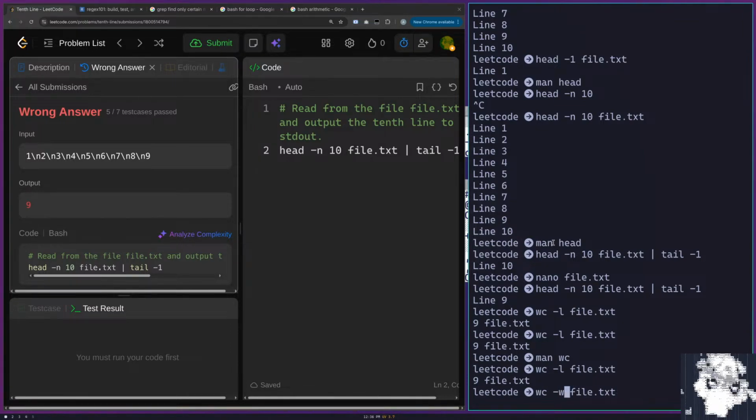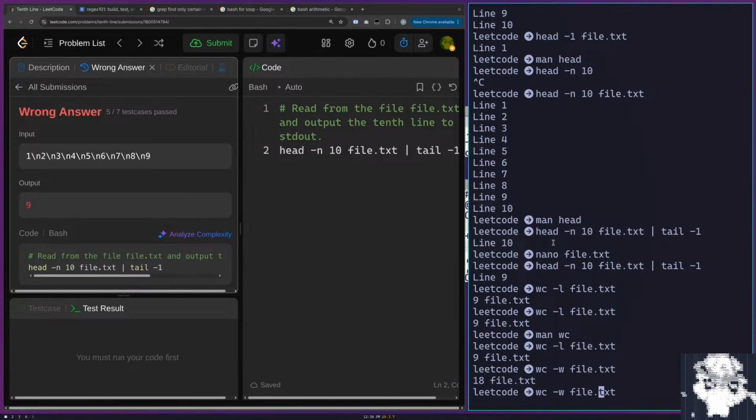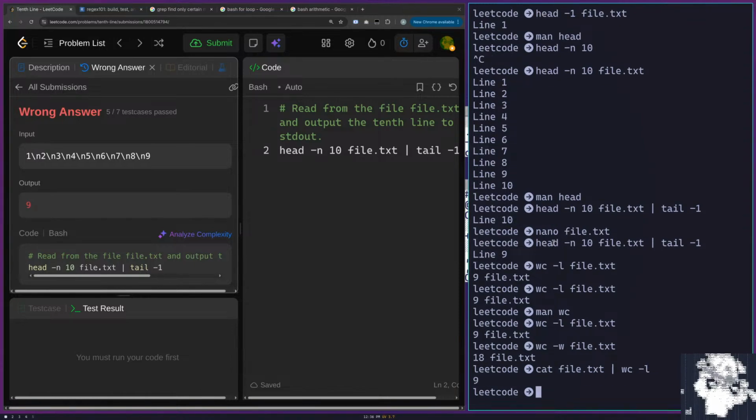Does it do that if you do -w? It does. Oh, but what if I just pipe it in? Pipe that into wc -l, then it doesn't have the file name.